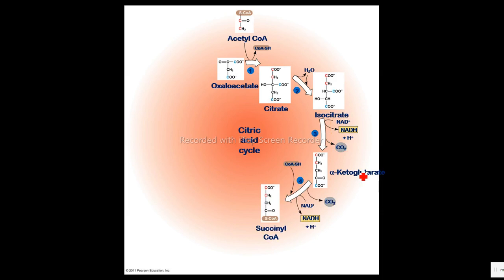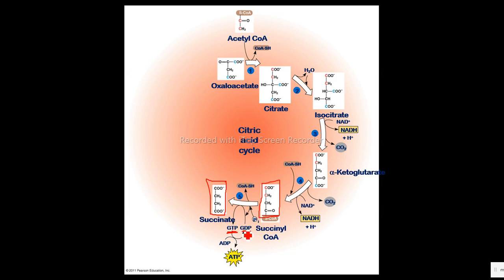Now the alpha ketoglutarate also undergoes oxidative decarboxylation, but in the presence of coenzyme A, to form what we call succinyl-CoA, and this one being a high energy containing compound, as it is releasing this succinyl to form succinate, energy is going to be lost, and the energy is going to be received by the guanine diphosphate.